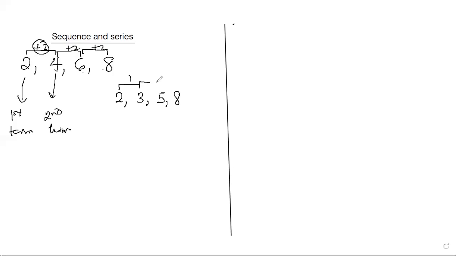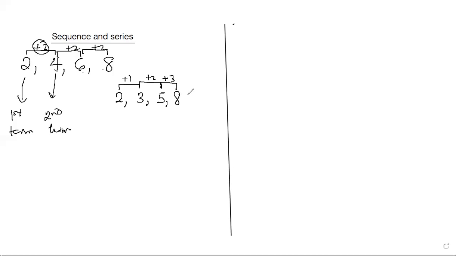For you to get the third term, you add 2 to the second term. For you to get the fourth term, you add 3 to the third term, and so on. You can see the pattern here. You increase the difference by 1 for you to get the next.